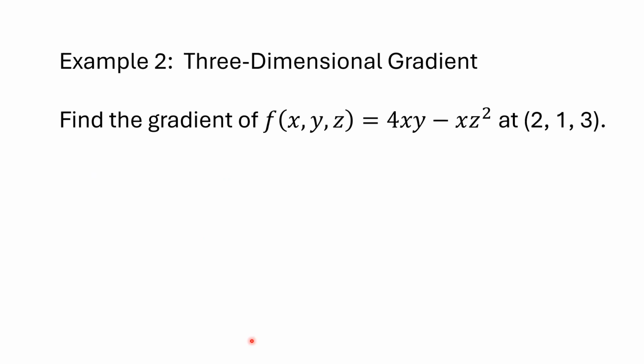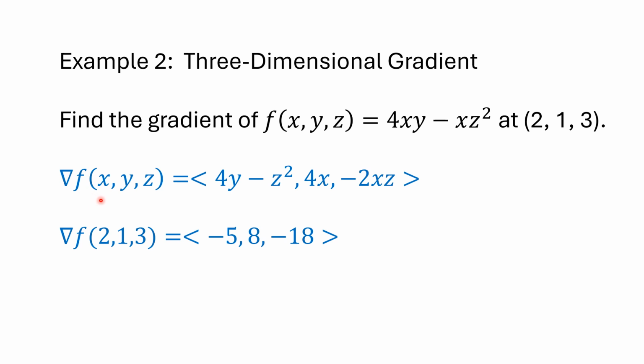The three-dimensional gradient is going to look like the two-dimensional, except it's going to have a third dimension, z. So we're going to find the gradient of f of xyz, or 4xy minus xz squared at a point 2, 1, 3.